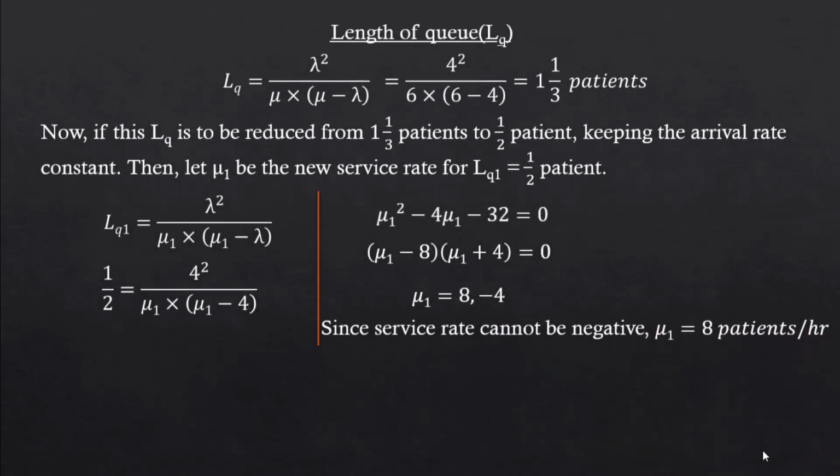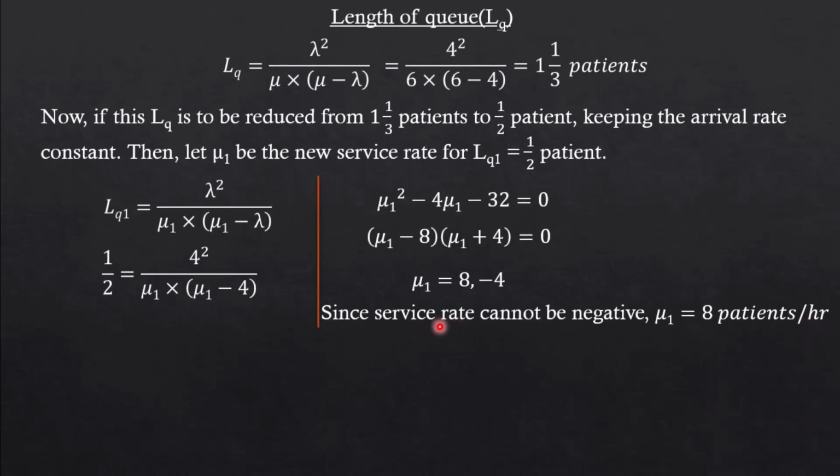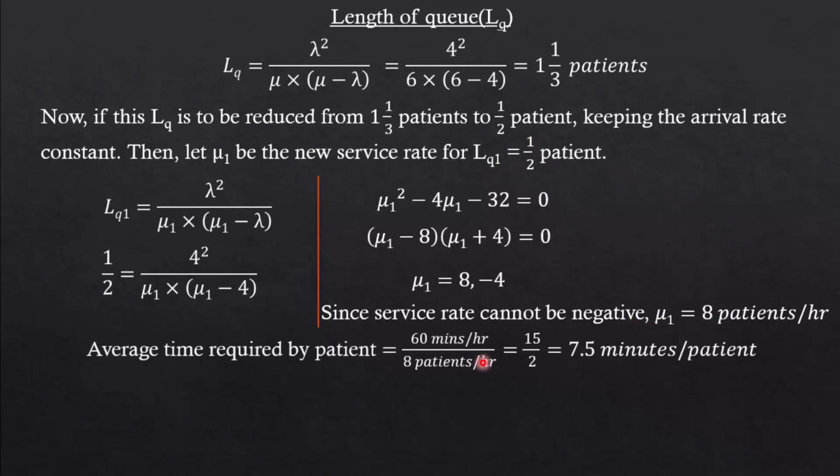So we can see that the service rate will be 8 patients per hour for the length of queue to be 1 by 2 patients. Now let us find the time required for service from this service rate. The average time required by a patient is equal to 60 minutes per hour divided by 8 patients per hour.